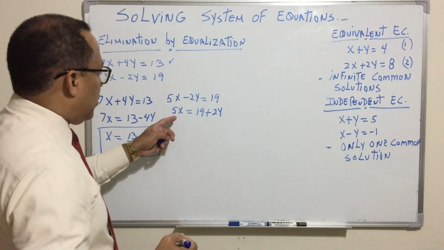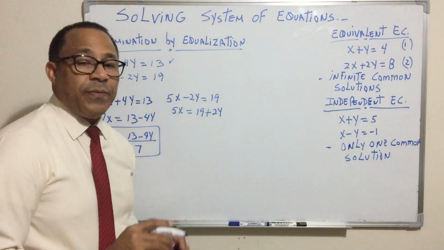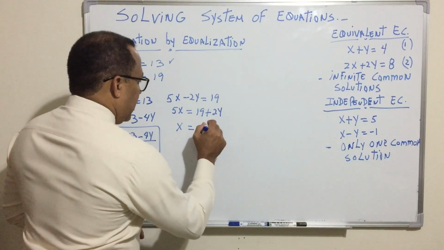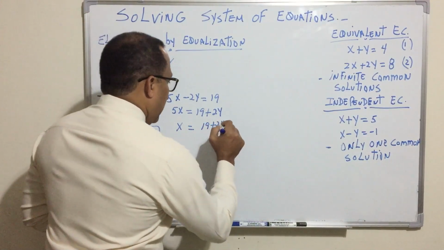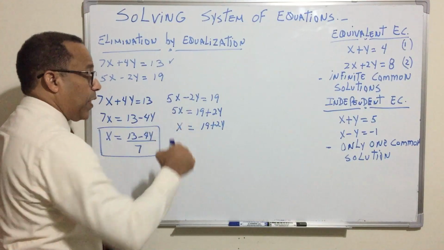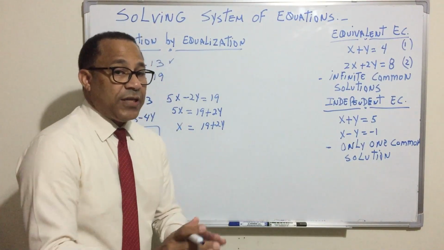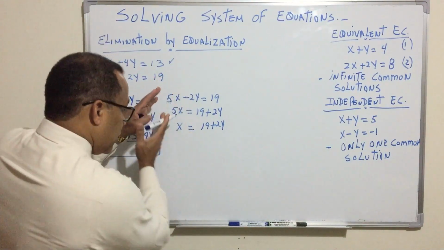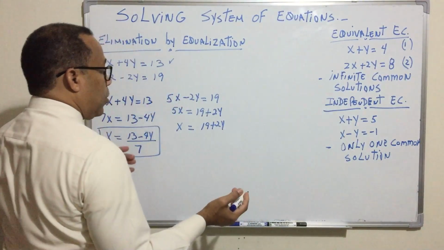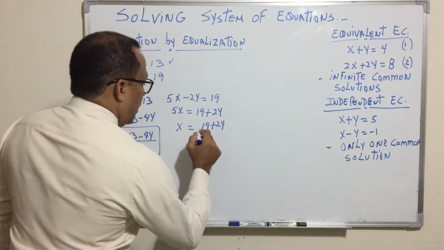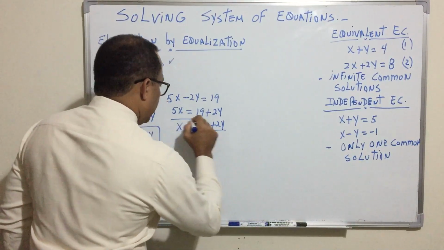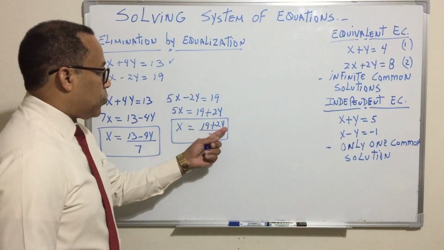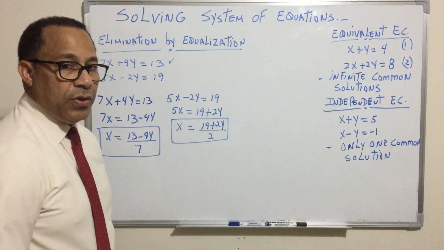And then I need to get rid of the 5 in order to get the x by itself. So this will be x equals 19 plus 2y, and the 5, which is multiplying, because we know that 5x means 5 times x. It's a multiplication. The opposite of multiplication is division. So it goes from left to right, dividing. And then we have that x equals 19 plus 2y divided by 5.